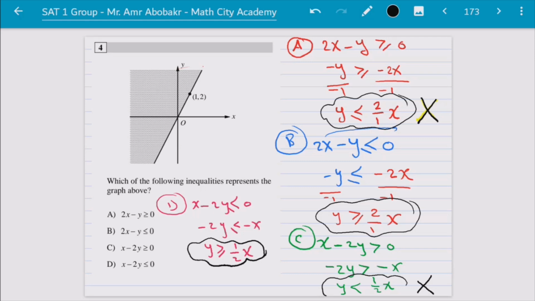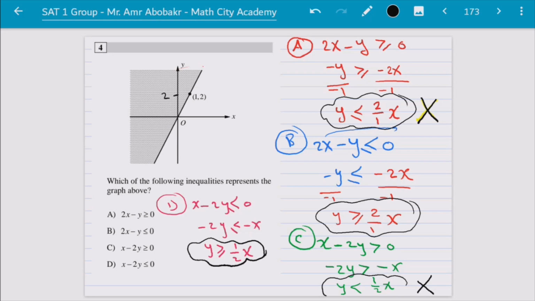So we can choose between them according to the slope. Where is the slope here? According to this point, we have here 1, 2. So this is 2 and this is 1. From 1 and up to 2. So according to the slope, is this 1 over 2 or 2 over 1?